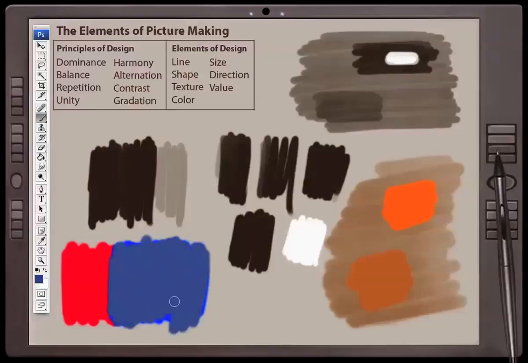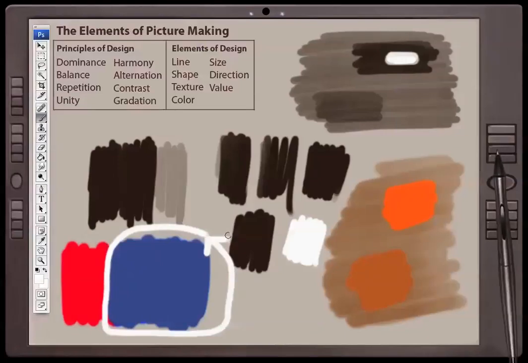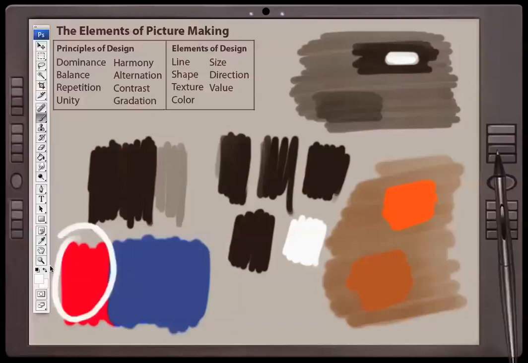And now, the conflict in terms of the intensity of color has been resolved by making one color grayer, while the other remains intense. So what I have here is dominance of saturation, or dominance of intensity of color, because this color takes up a greater area and is of a less intense color than this one is.